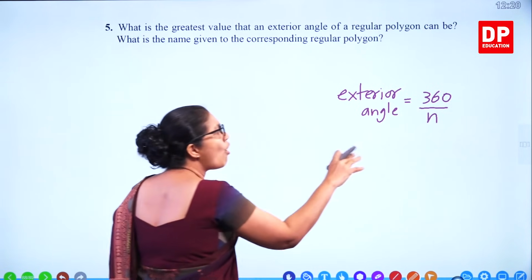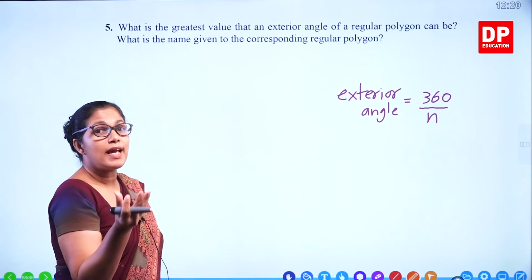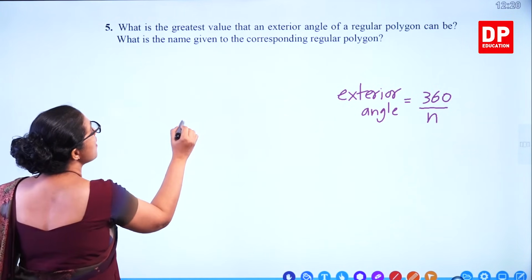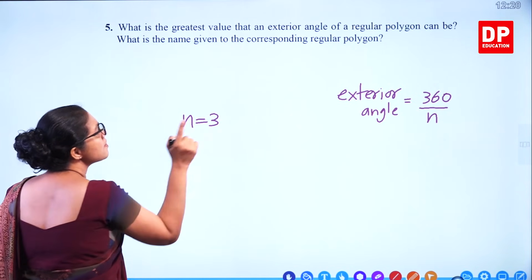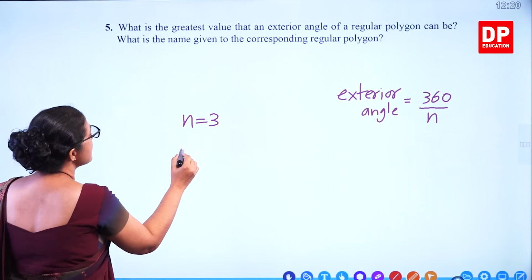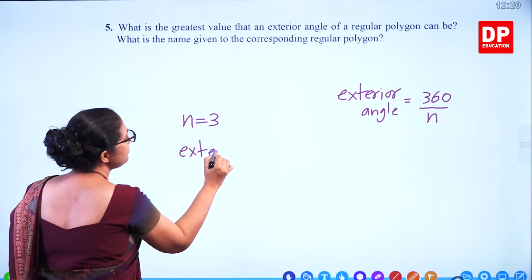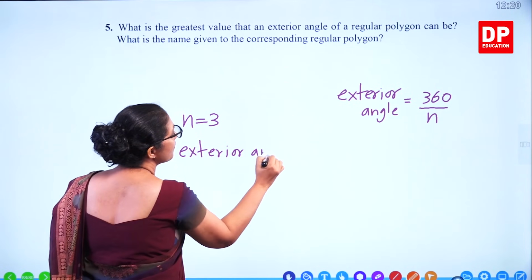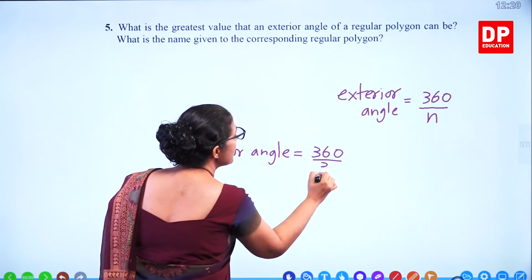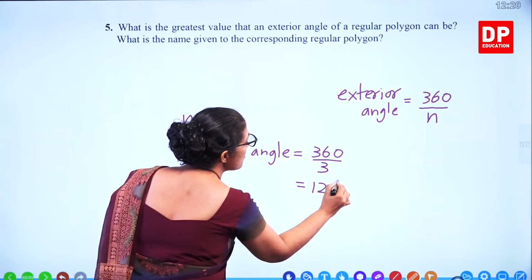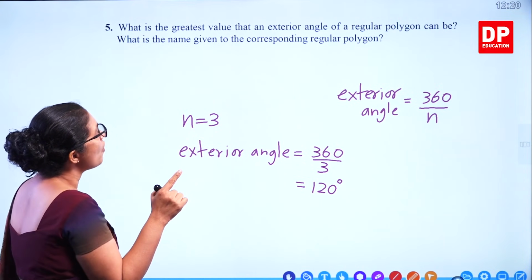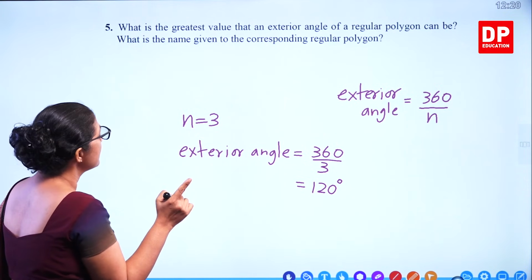When n is smaller and smaller, you get a higher exterior angle. So this becomes n equals 3. That's the smallest number of sides. So what's the greatest exterior angle? That becomes 360 divided by 3. So 120 degrees.